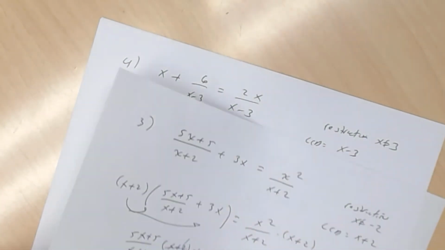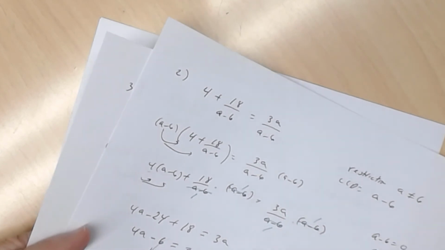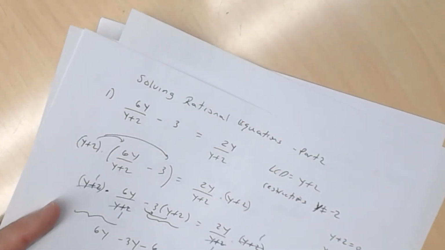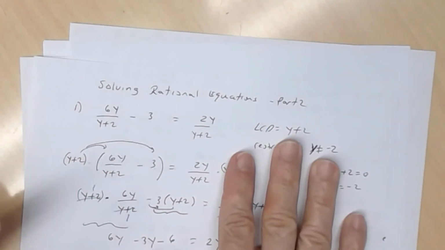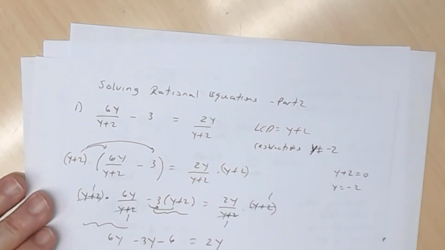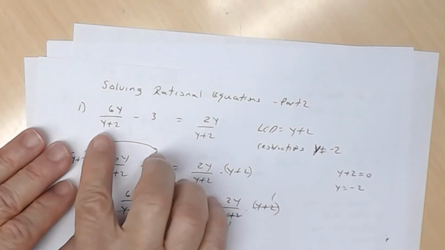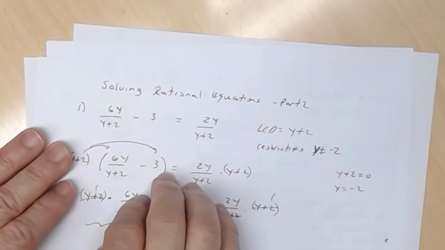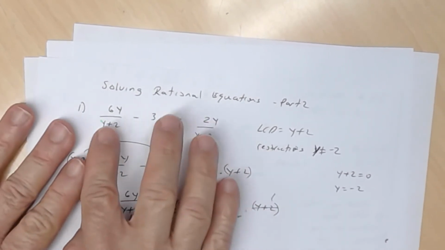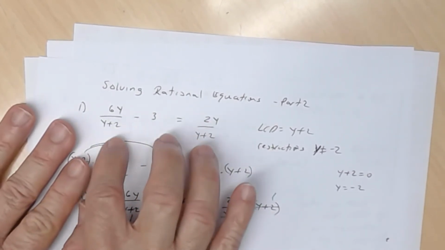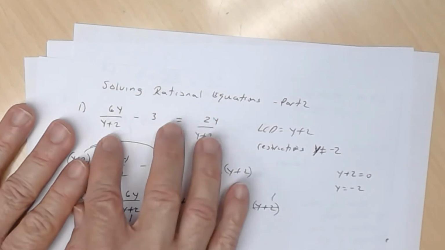So in part 2, we did 4 problems. And notice that part 2 was different than part 1, because in part 1, we only looked at monomial factors. In part 2, our denominators are no longer monomials. All right, but this was the easy kind because the denominators you could not factor, and they were the same, right?